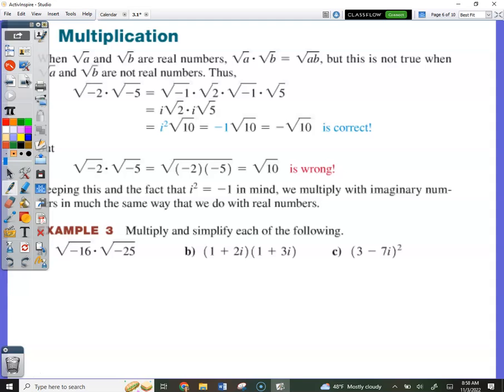Here's where you've got to remember, if I'm taking an imaginary number and I'm multiplying it with another imaginary number, you still need to recall that it came from imaginary, right? Okay, so if you look right here, there are two different ways that some people see this. One of them's correct and one of them's wrong. I'm going to go ahead and put a big green check right here, because this one's right.